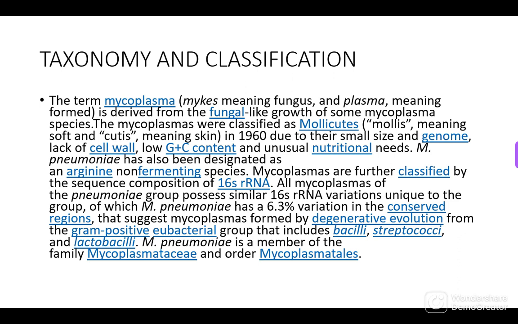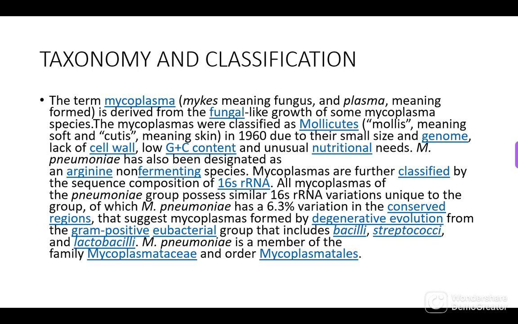Taxonomy and classification: the term mycoplasma, myces meaning fungus and plasma meaning formation, is derived from the fungal-like growth of some mycoplasma species. The mycoplasmas were classified as Mollicutes, molli meaning soft and cutis meaning skin. In 1960, due to their small size and genome, the lack of the cell wall, this is an important point.